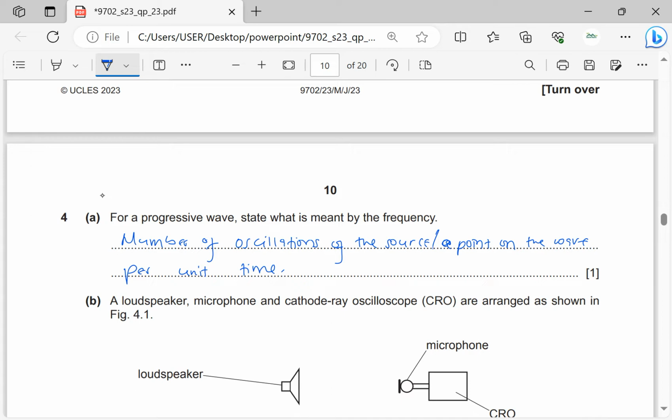So that's what we call frequency. Remember, the frequency of a wave depends on the source. So the number of oscillations which a source makes is the number of waves that we observe. That is why we define frequency as the number of oscillations of the source per unit time.